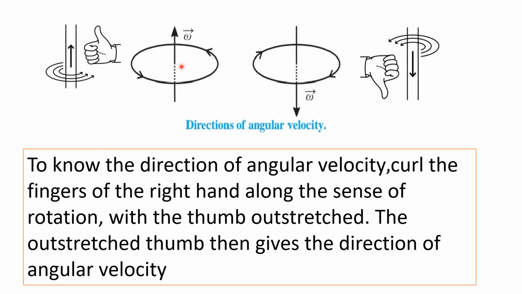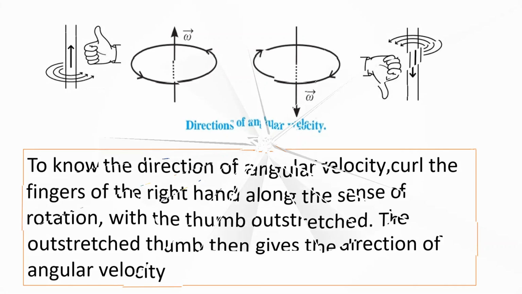So the direction of angular velocity is upward. Whereas if the particle is performing circular motion in a plane in a clockwise direction, then the outstretched thumb is downward. That shows that the direction of angular velocity is downward.